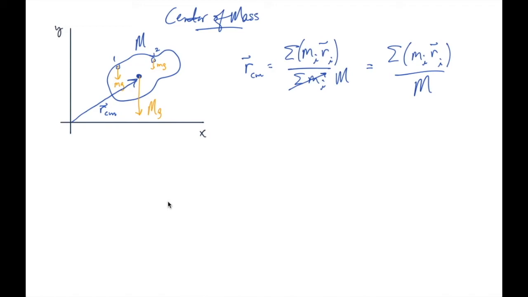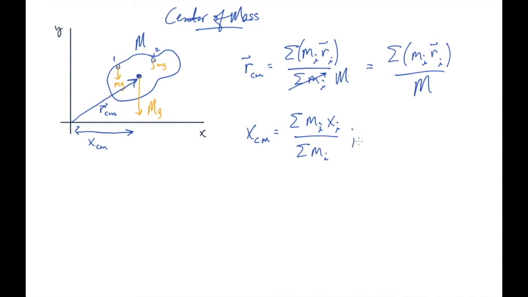There are two other things we might want to do with this. We might want to write the components. The x component, how far over this way the center of mass is, x_cm, is just the x component of this side. It is the sum of m_i x_i, add up each mass times how far along it is along the x-axis, divide by the sum of the masses, which is the total mass.